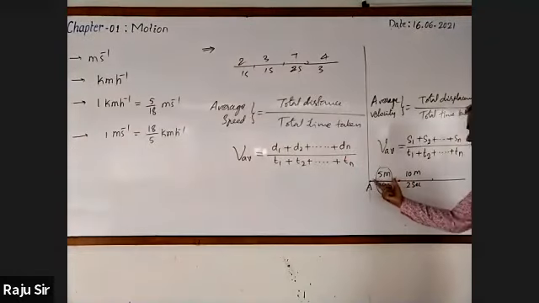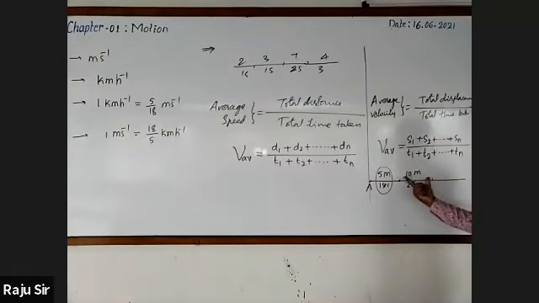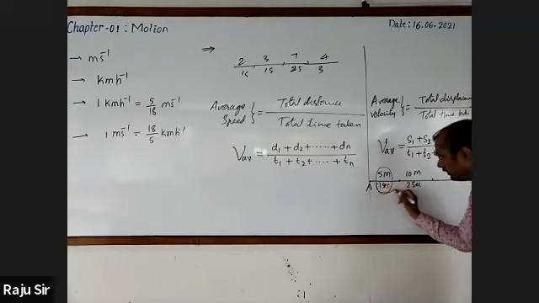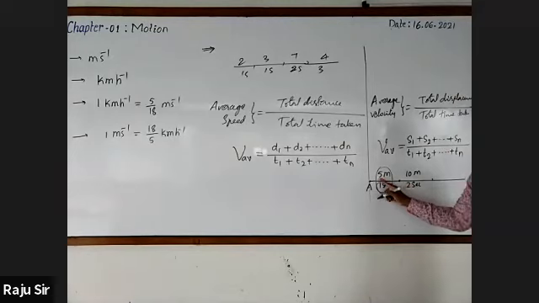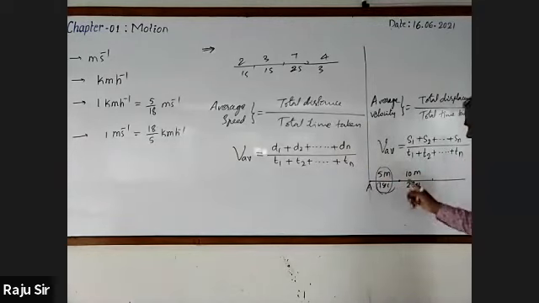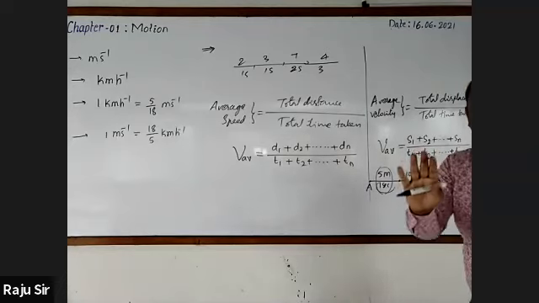Here, the displacement is different in first case. Do you say that it is different in second case? You cannot, because in 1 second it has displaced by 5 meter. In 2 seconds, displaced by 10 meter. Nothing but here also for every second it is displacing by 5 meter.